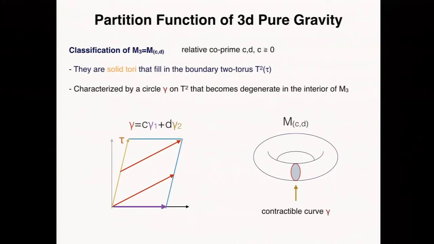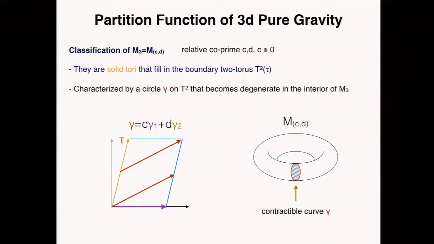Now, if you look at the AdS3 geometry in Euclidean time, then the boundary is a 2-torus. And if you look at the equation of motion, the geometry has to have constant curvature. So geometries satisfying the classical equation of motion can be classified in terms of 2 integer parameters C and D. They are coprime integers with C larger than 0, and they represent basically solid tori which fill the boundary 2-torus with modulus tau.